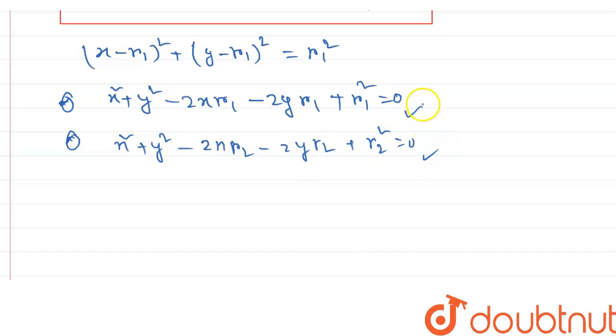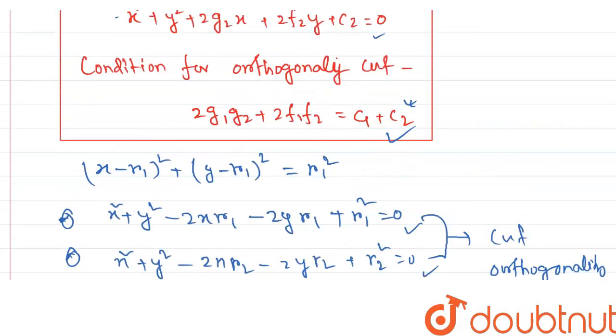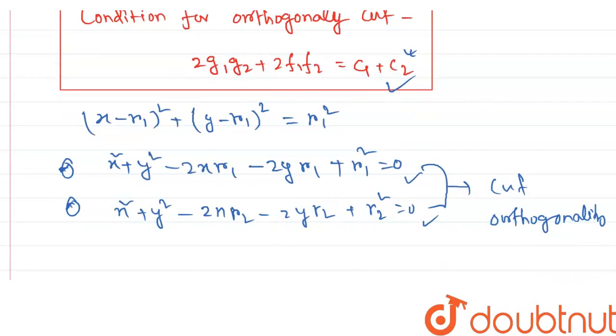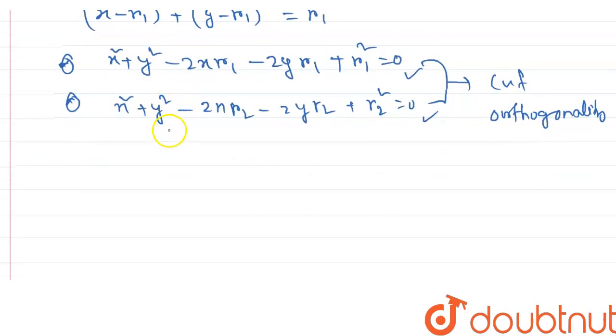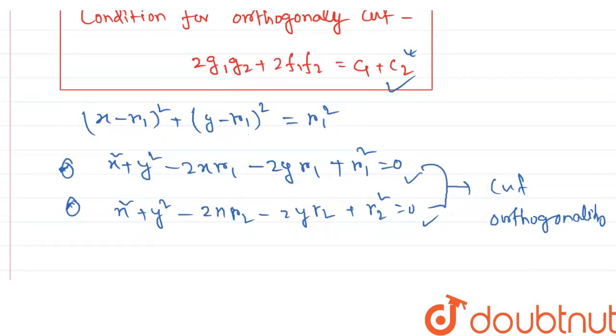The given question says that the two circles cut orthogonally. That means they cut perpendicular to each other. So we know the condition for cutting orthogonally.